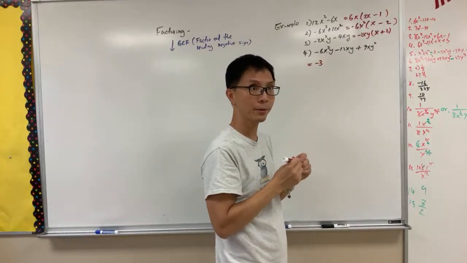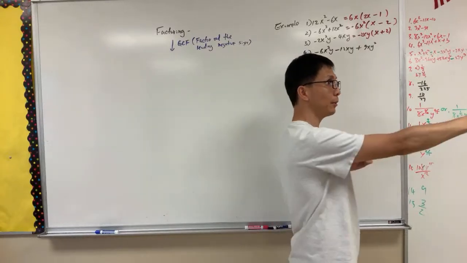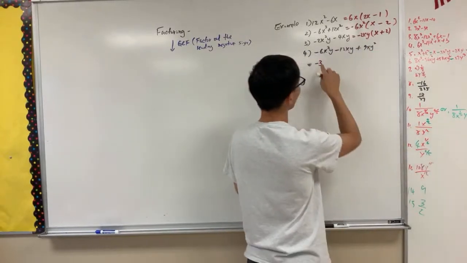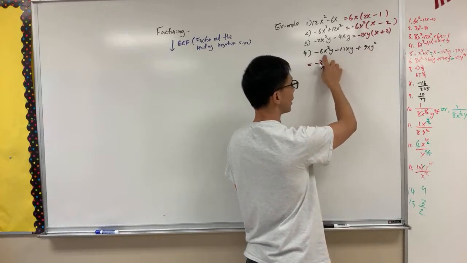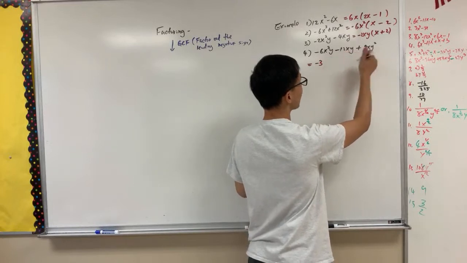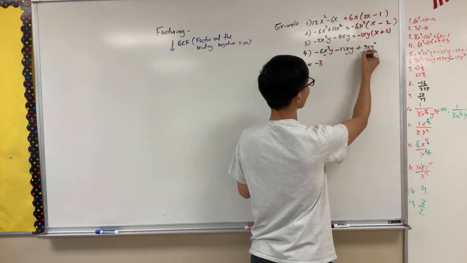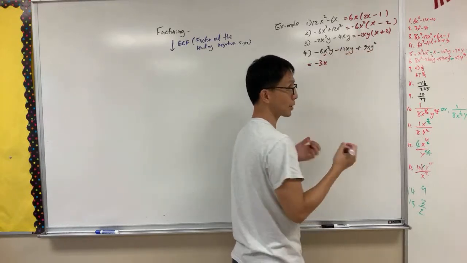Somebody else can help me with the rest of the things? Let's go with you. They both have x, y. They all have x, y, right? But not x squared y, because this one doesn't have x squared. They all have x, not x cubed.